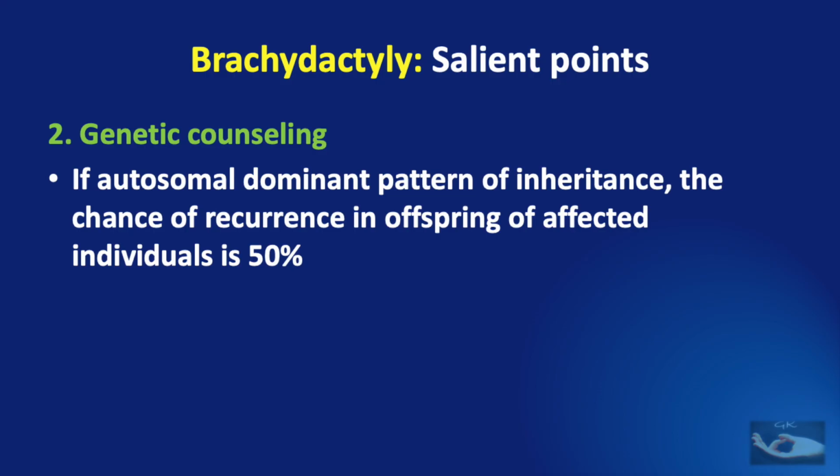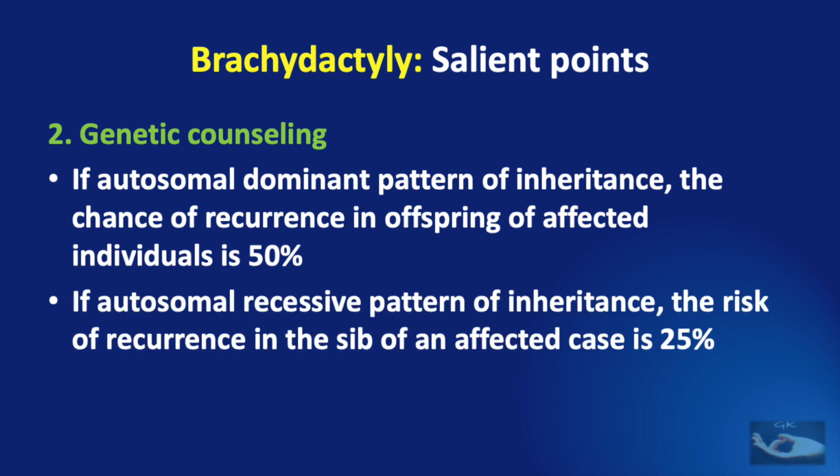If the brachydactyly follows an autosomal dominant pattern of inheritance, the chance of recurrence in the offspring of affected individuals is 50% regardless of sex. If there is an autosomal recessive pattern of inheritance, which is seen in very rare congenital brachydactyly, the risk of recurrence in the sibling of an affected case is 25%.